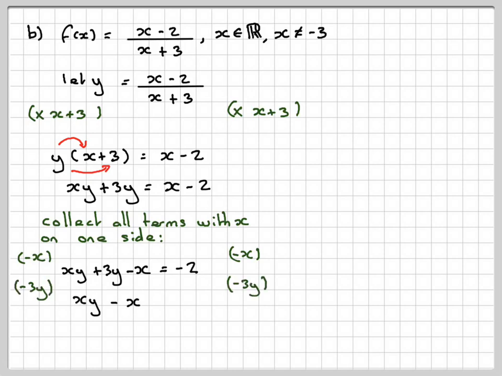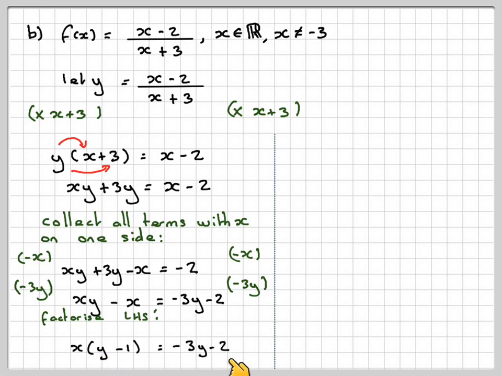So we're going to have xy minus x is equal to minus 3y minus 2. Now there's a common factor here of x, so that makes it a single value. So factorize the left-hand side. So you're going to have x times y minus 1 is equal to minus 3y minus 2. And then divide by y minus 1 on both sides. You're going to have that x is equal to minus 3y minus 2 over y minus 1.